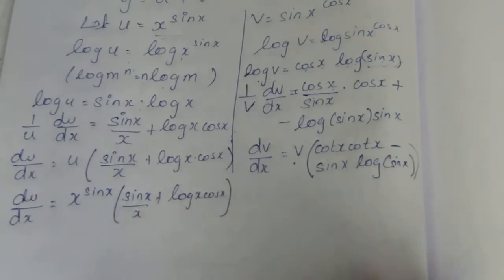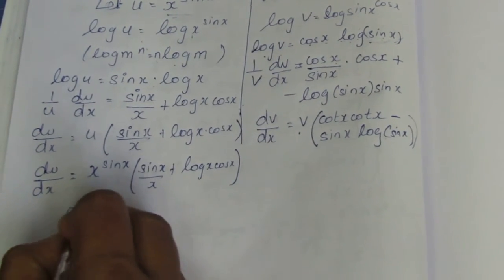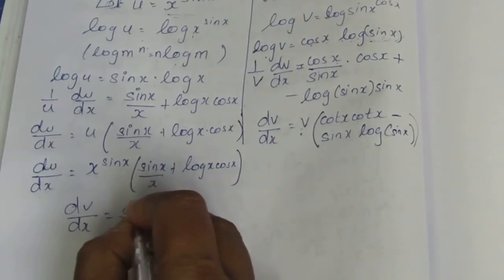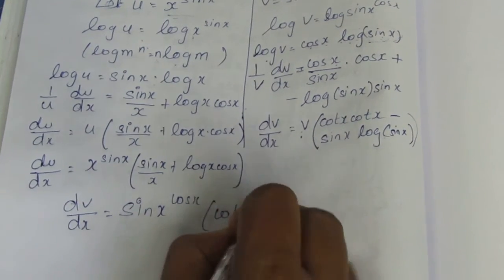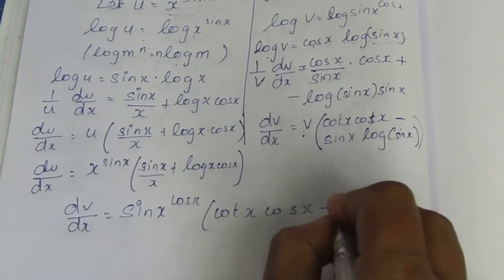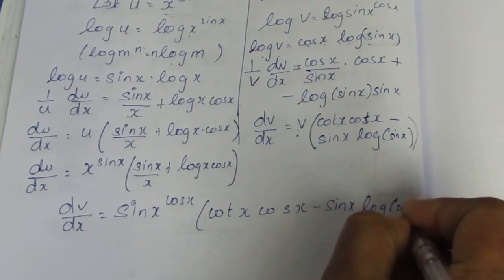Now write the value of v. So dv by dx is equal to, v is nothing but sin x power cos x. So sin x power cos x into cot x cos x minus sin x log sin x.